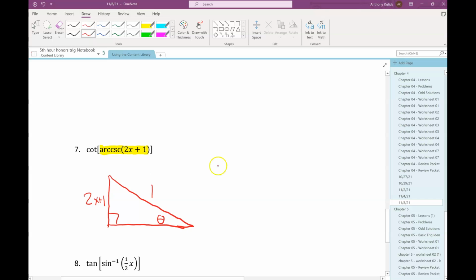So using the Pythagorean theorem, I can say (2x plus 1) squared plus b squared is equal to c squared, where this is b. So I FOIL this out. I have 4x squared plus 4x plus 1. Oops, that should be 1 squared. Plus b squared is equal to 1.